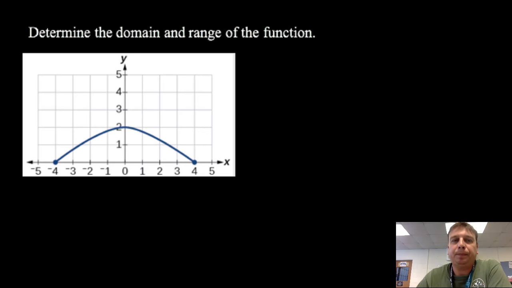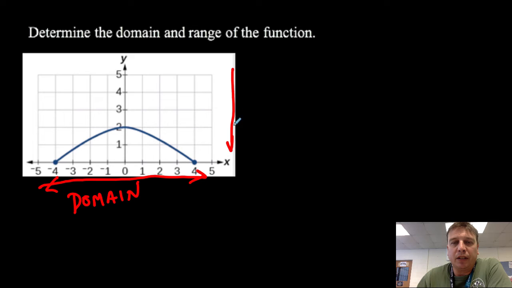All right, next one. Determine the domain and range of this function. So again, the domain deals with all the values going this way. These are my x values. And then the range is going to be my y values. Now this one, we're just taking it directly off what we have written here.